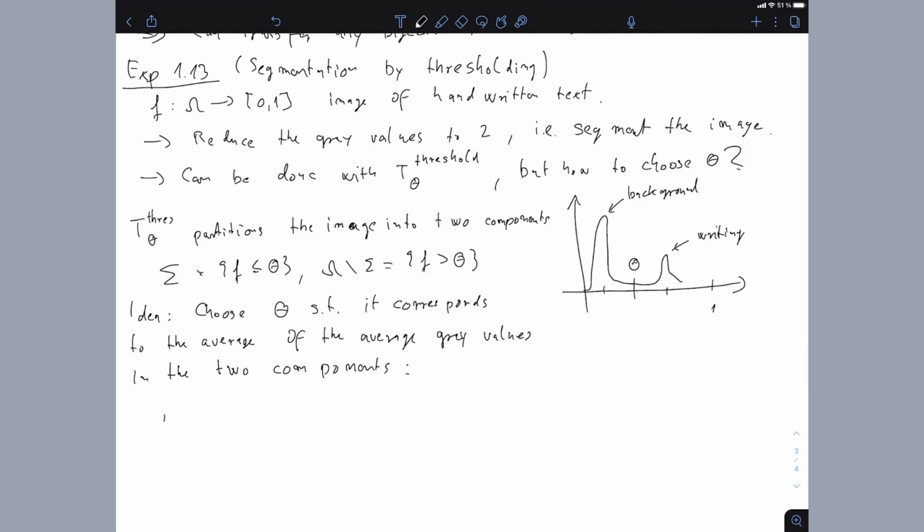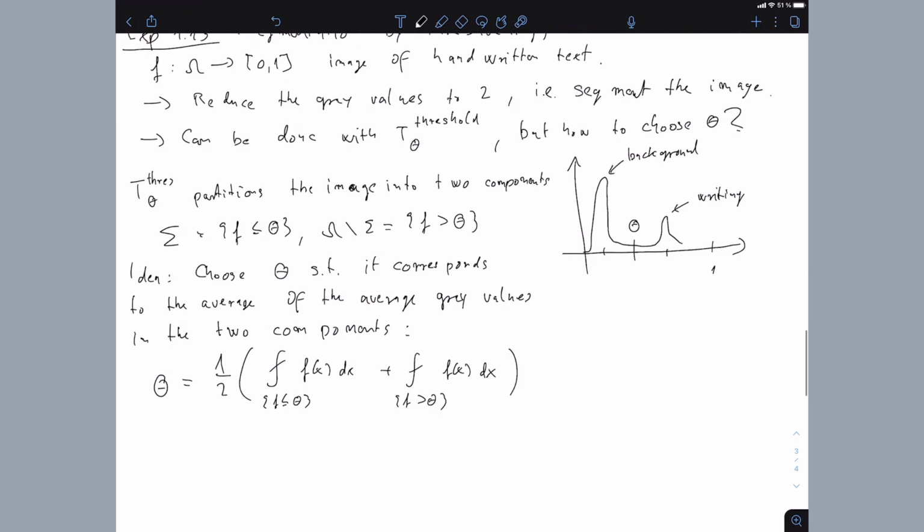Average of the averages. That means theta is supposed to be 1/2 times the average integral of f over the one component, plus the average integral of f over the region where f is bigger than theta.